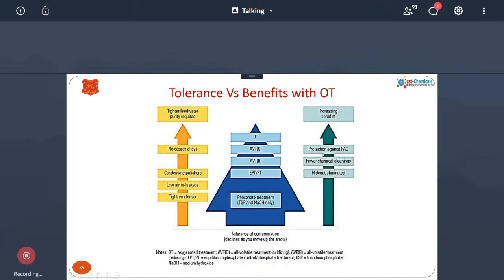With AVT-R, we tried to do fewer chemical cleanings, because the number of chemical cleanings was very high when we were dosing hydrazine and phosphate both. And then it went on to AVT-O. There was almost no cleaning for 10 years. And in oxidative treatment, fantastic, it's running fantastic.